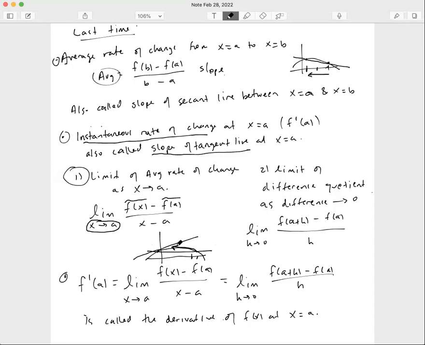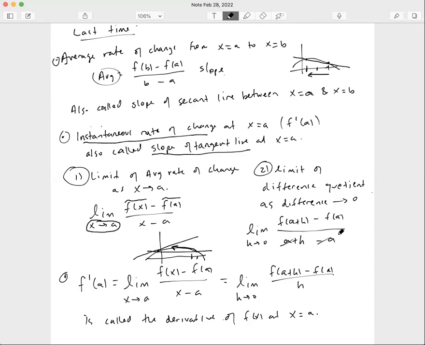The other definition we had used the difference quotient, which is really the same thing, but you're viewing it in a different way. To make it look like the average rate of change formula, you would have a plus h minus a in the denominator, but the a's cancel and you get h.